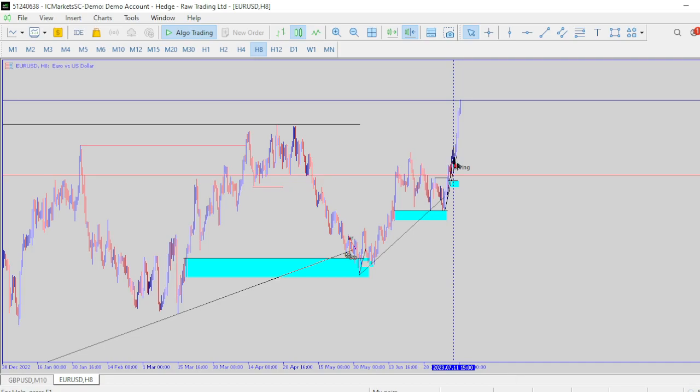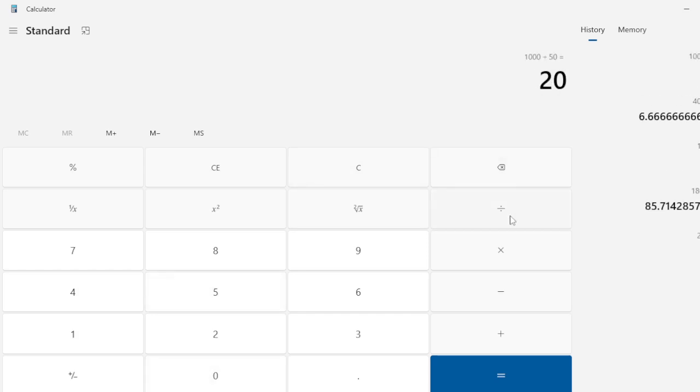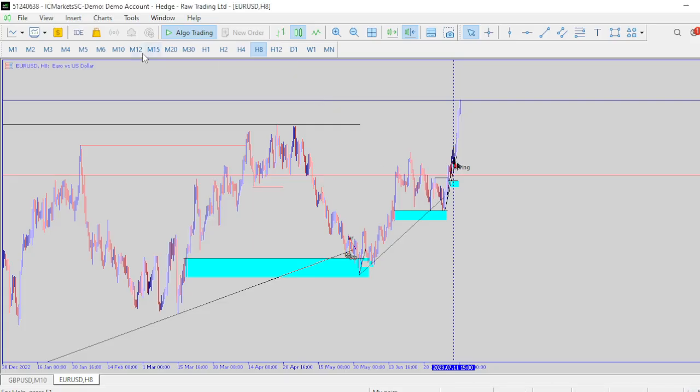Let's see, if you target 1,000 pips and use a 50 pip stop loss, that's 1:20. And he would wait for weeks and weeks for his target to be hit.